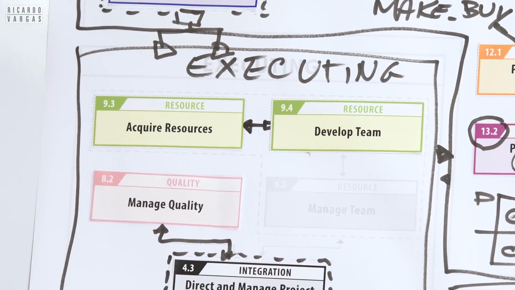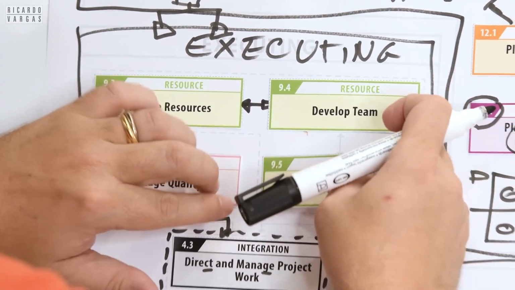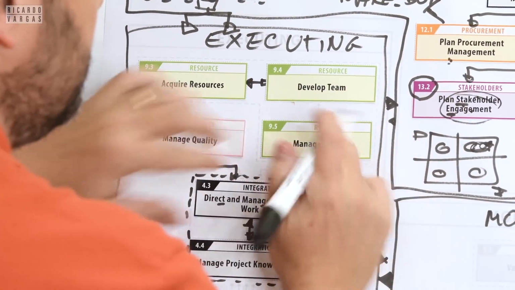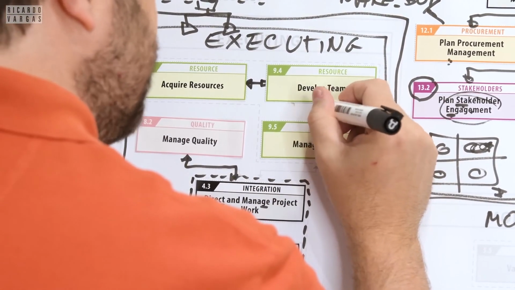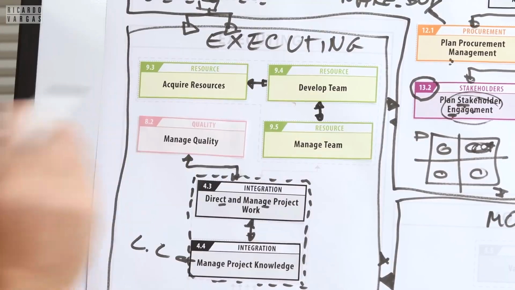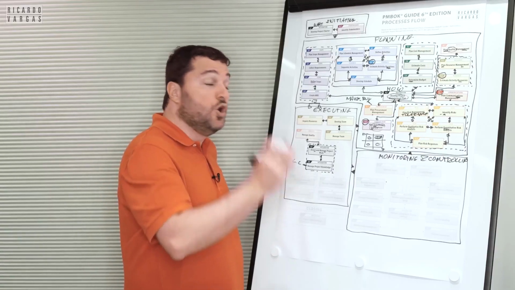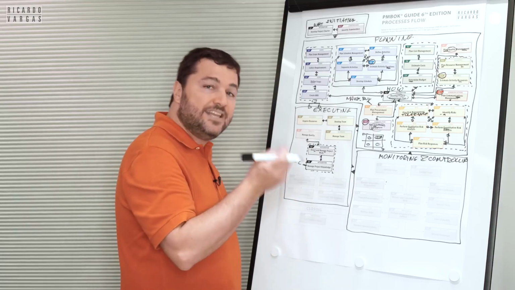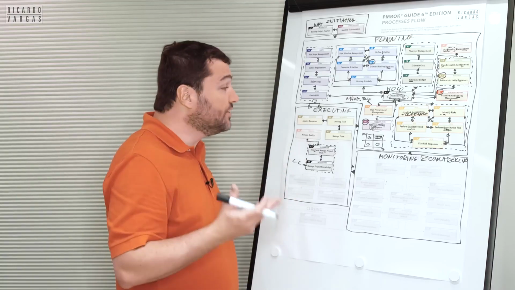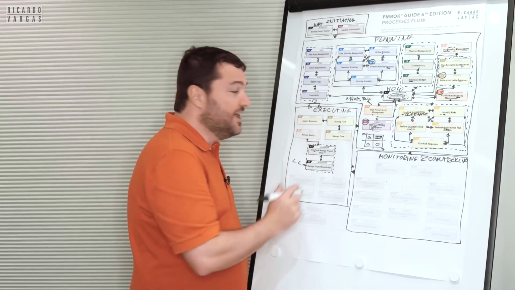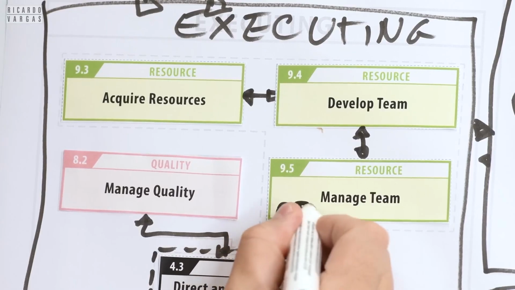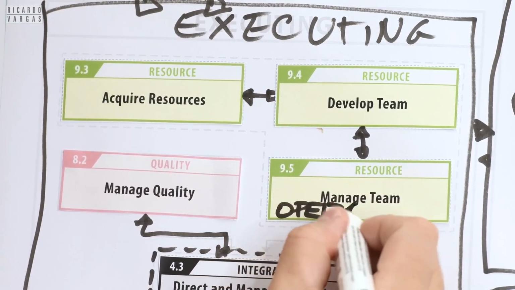And at the same time, manage this team. Another question you may ask me, what's the difference between develop and manage? Develop the team is to make the human resources you brought to the project work together as a team where 1 + 1 is more than 2. Manage a team, it's more towards the operational aspects.